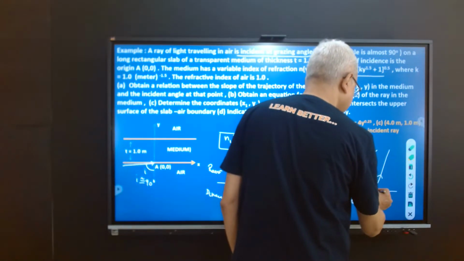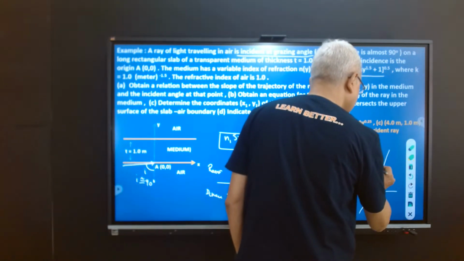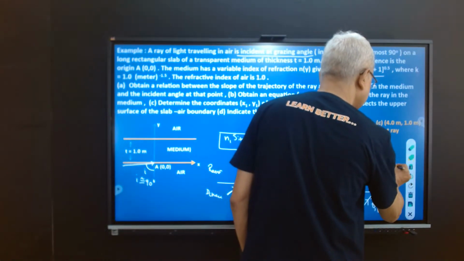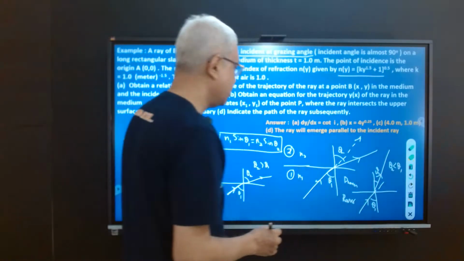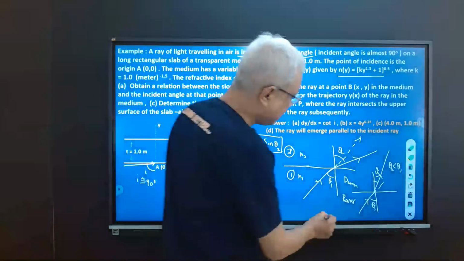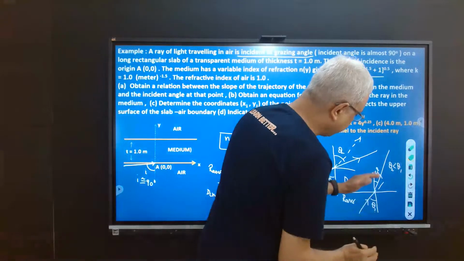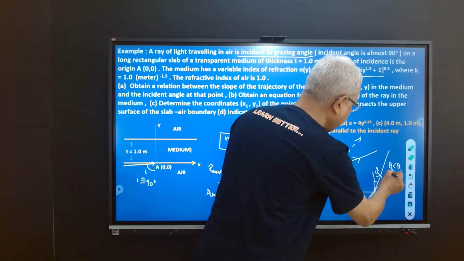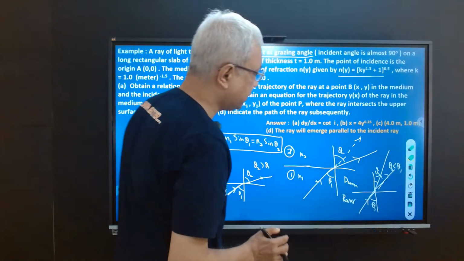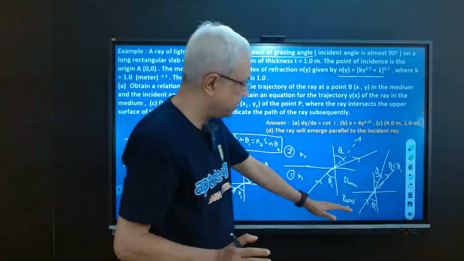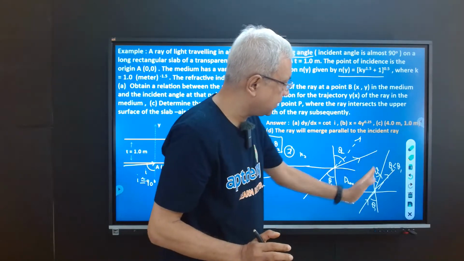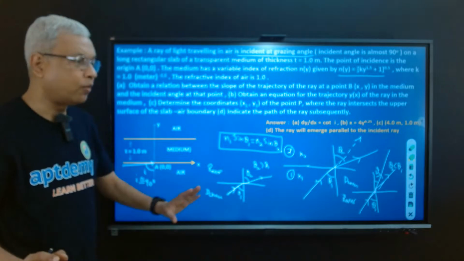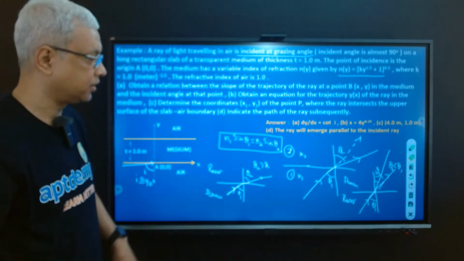So this is theta 2, and theta 2 is less than theta 1. Had there been no difference in media, the ray would have gone like this. But because of the presence of medium 2 above medium 1, the refracted ray comes closer to the normal. So all these we know from our basic background on refraction.